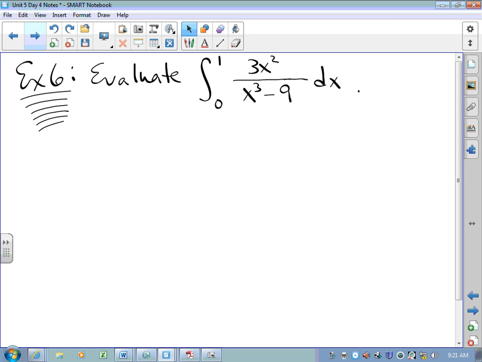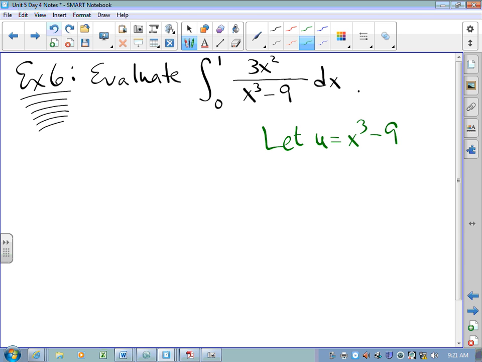So this is a dead giveaway because we clearly have a part of the problem whose derivative is in the problem. And so we clearly know what our u is going to be. Denominators make great u's, by the way. Great u's.